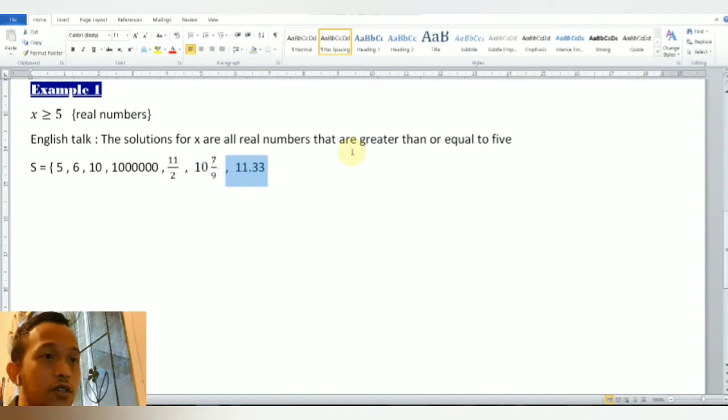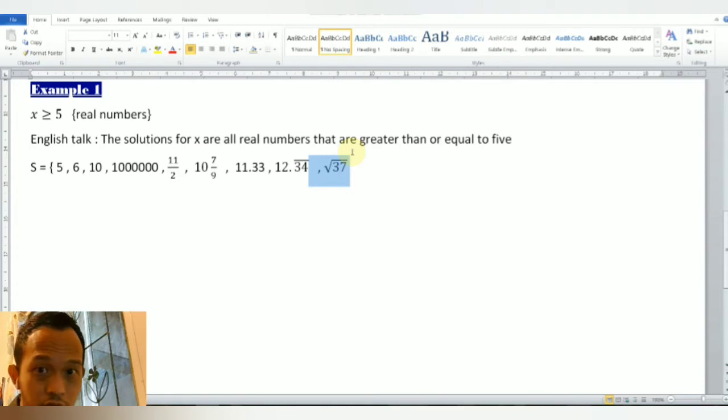Yeah, of course, we have decimals. 11.33, 11.33555. Can you imagine how many solutions we would have to put into this solution set? Even the repeating decimals, 12.343434 is a real number that is greater than 5.